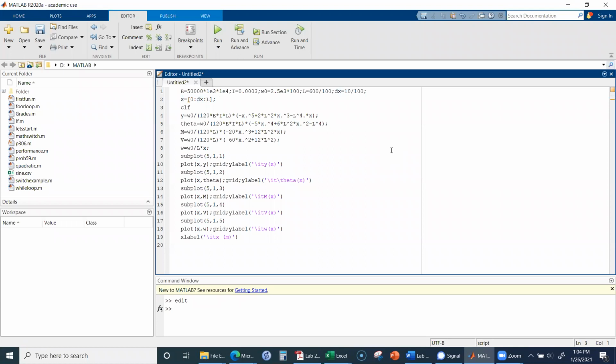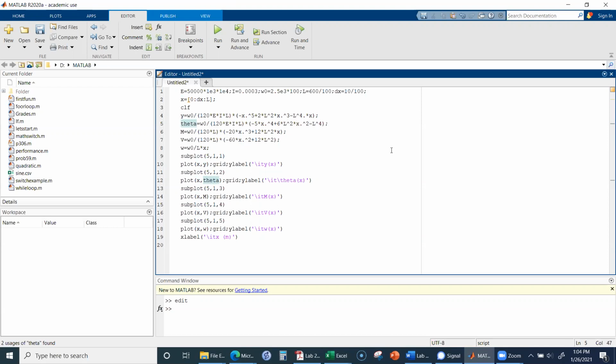And then this is for the, okay, yeah, this is some command. And then this is the equation for the slope, okay? This is the equation for the angle, okay?